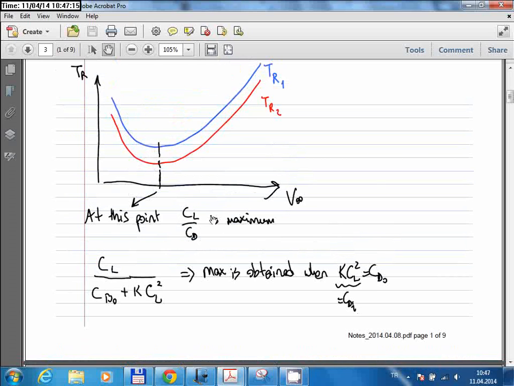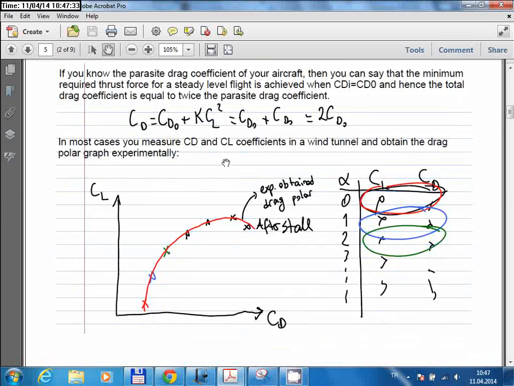Okay, so if you can increase this ratio, then you will increase the overall performance of your aircraft. So this is the fundamental aerodynamic parameter in aircraft design. So we aim to make this ratio as large as possible.